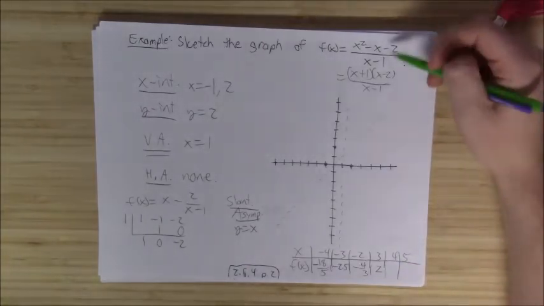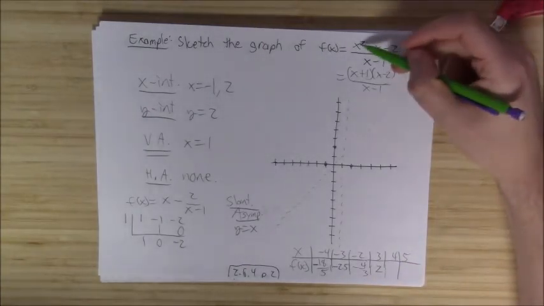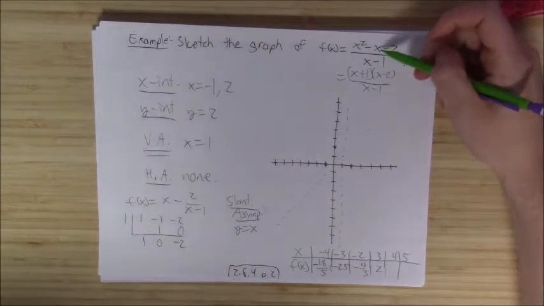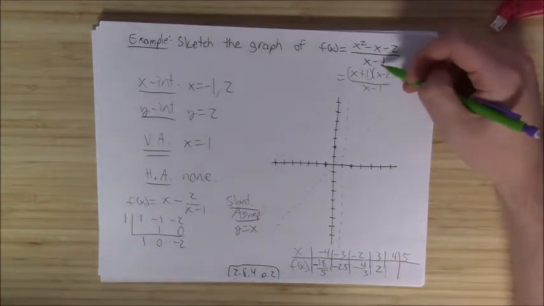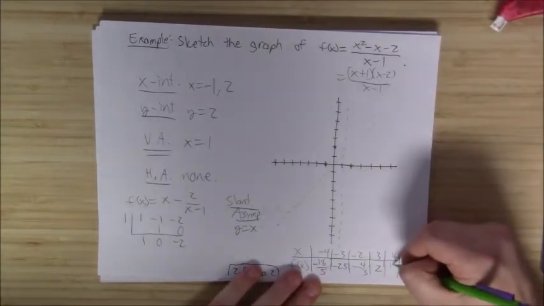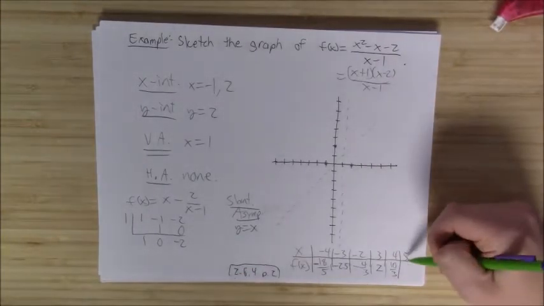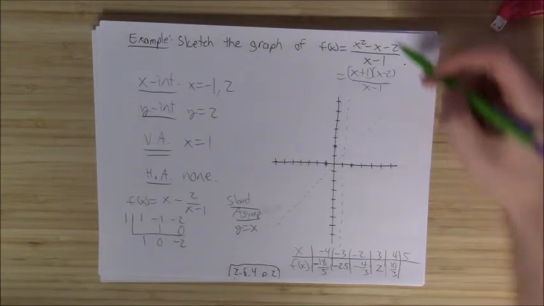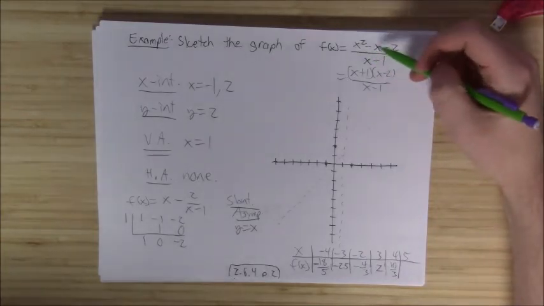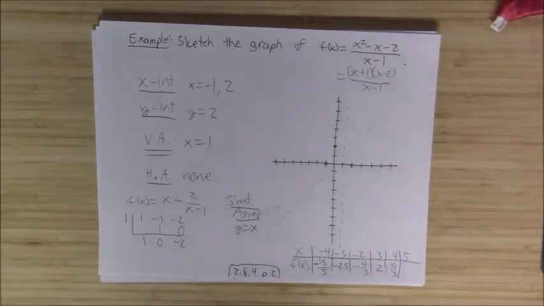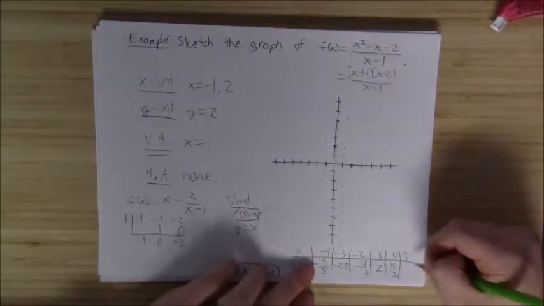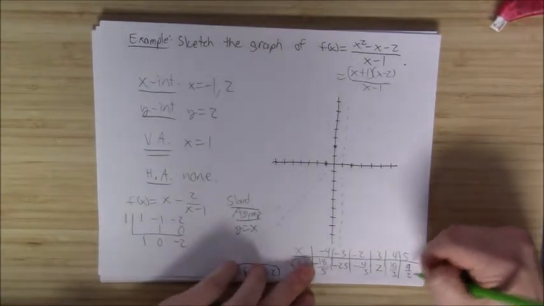Plugging 4 in, you'll get 16 minus 4 is 12, 12 minus 2 is 10, 10 over 3. Plugging 5 in, you get 25 minus 5 is 20, minus 2 is 18, 18 over 4, which is 9 over 2, or 4.5.